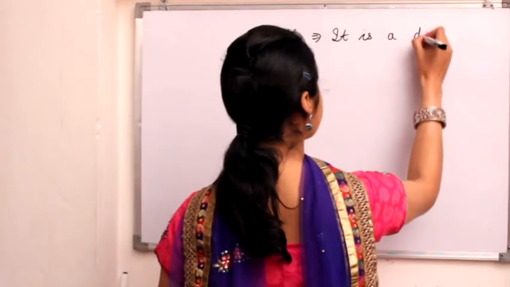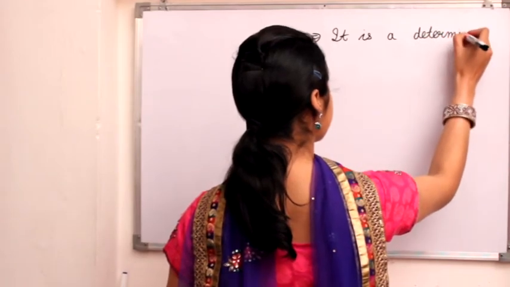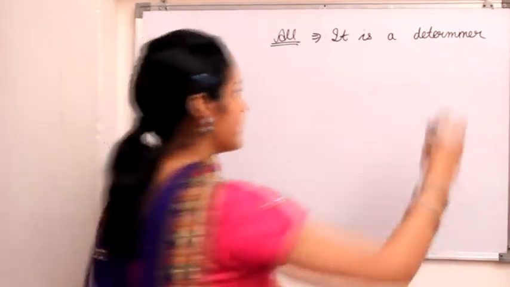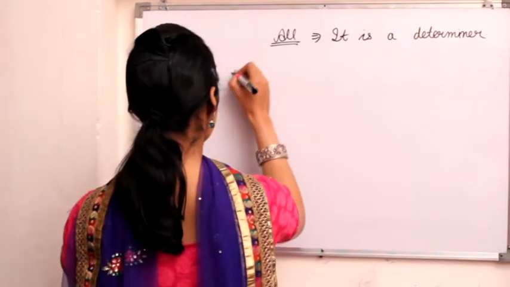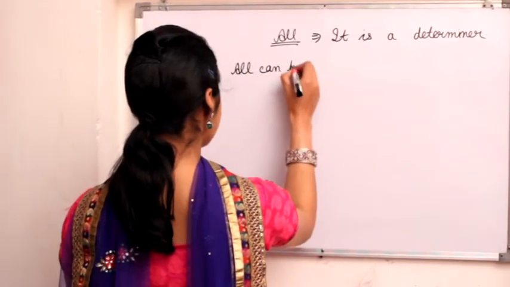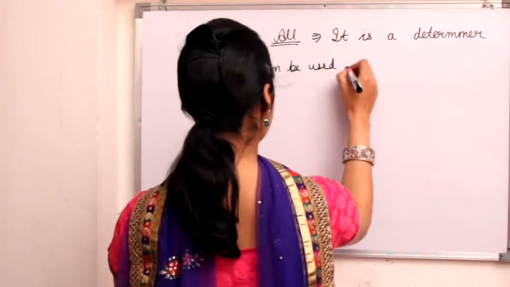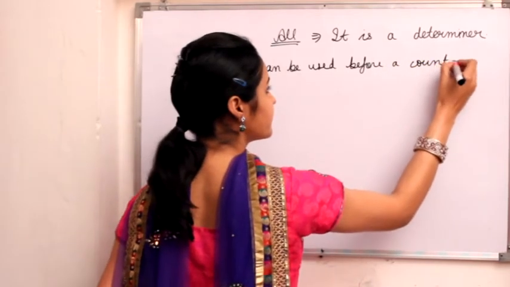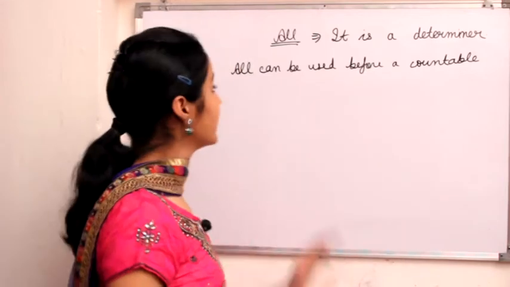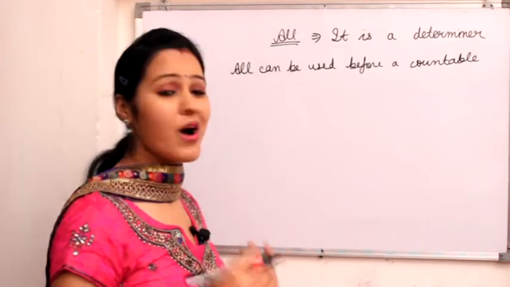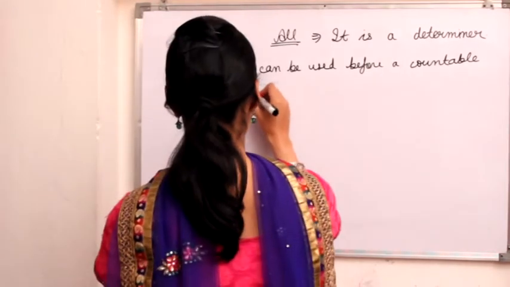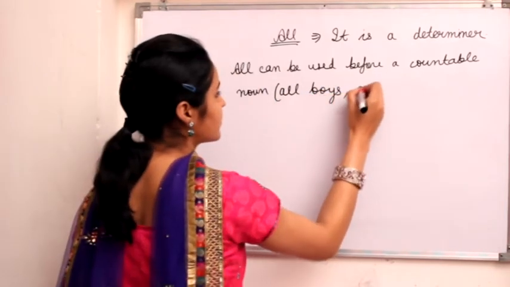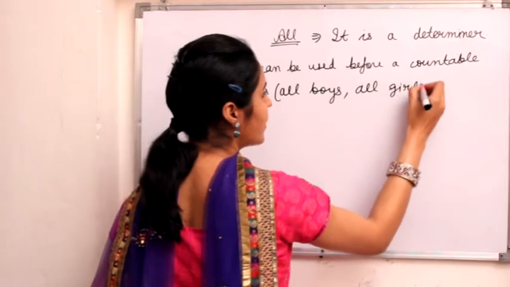It is a determiner, and all can be used before a countable noun, just like all boys, all girls, or you can say all books.